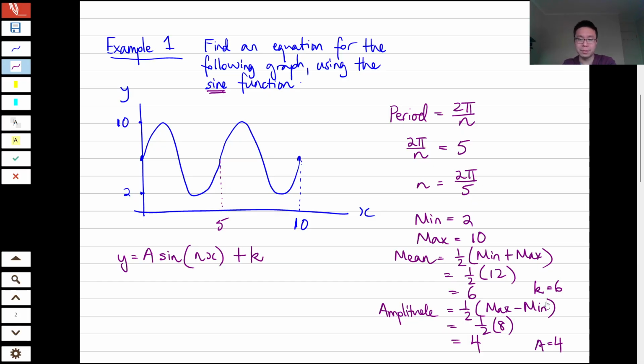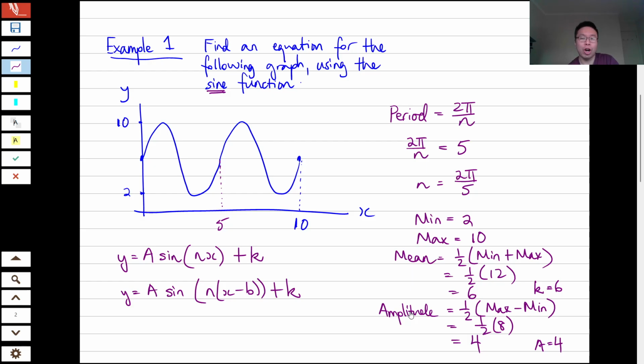So, for example, I could choose a equals negative 4, but then I would need to include something like this. A horizontal translation, b units to the right or left, depending on which way you wanted to do it. And that translation, b, would have many possible values since the graph is periodic.